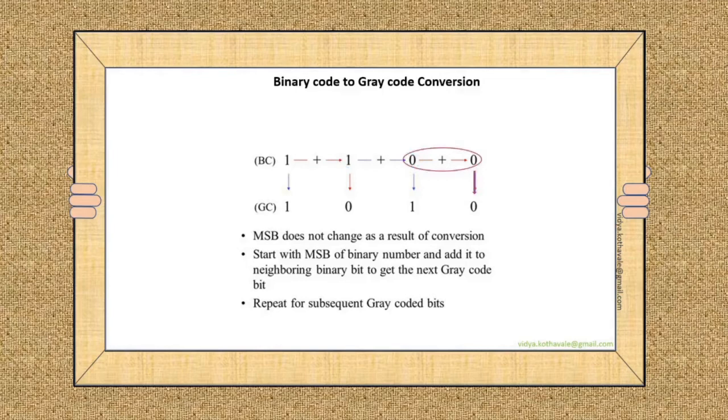In this way, we obtain the gray code output. Note here that when addition of binary bits is performed, the carry is neglected and only the sum is considered as the gray code output bit.